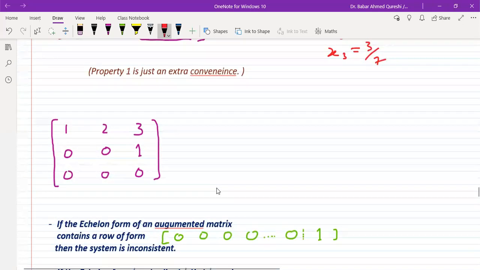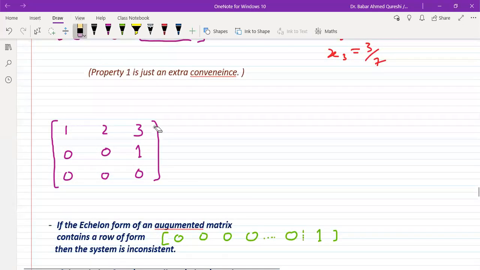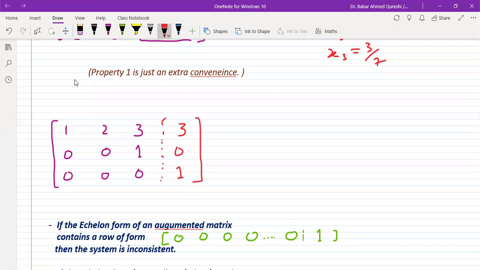Now let me this time change it a little differently. I have to add some constants. I add these constants. It's still echelon.